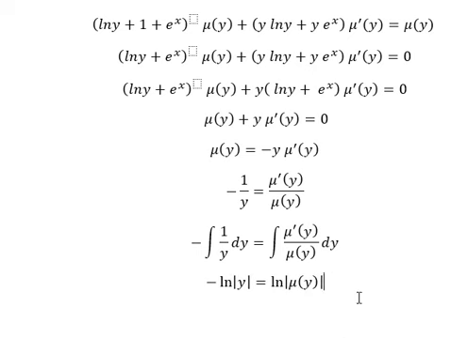So I will put the negative go inside in here, and we have y to the power of negative number 1, and we put 1 over y. So mu y in here, that is about 1 over y.